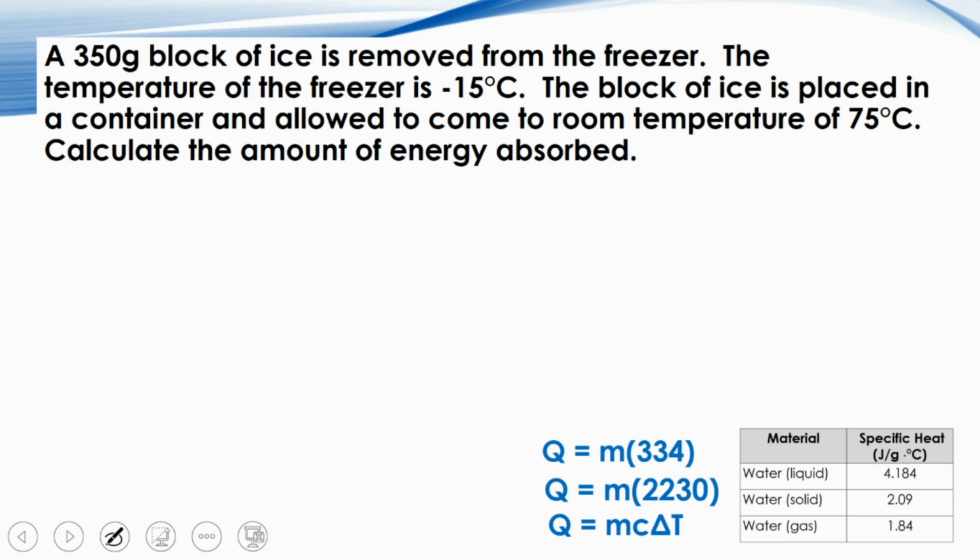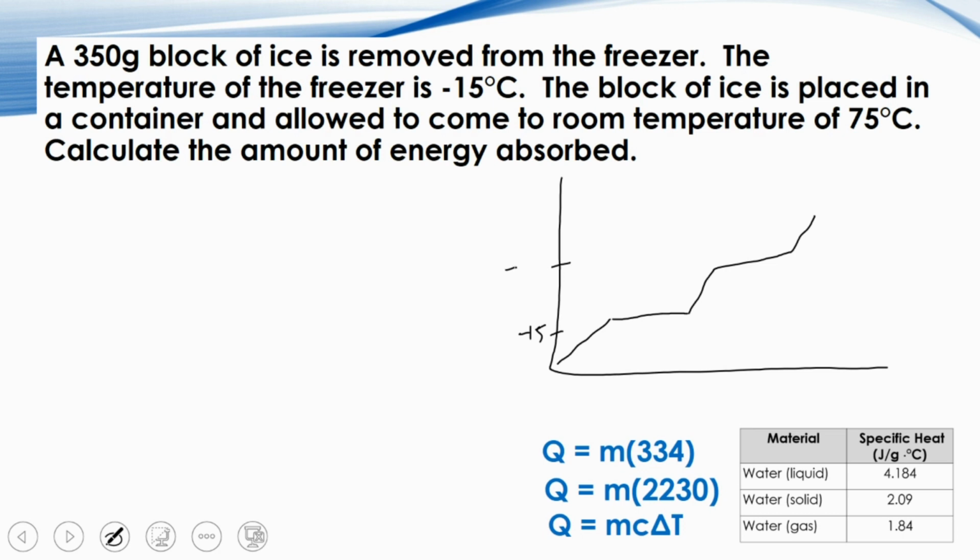So what we're going to do here, just for visual purposes, is draw our heating curve. So we know that we're starting as a solid, and we're going to go from negative 15 up to 75. My numbers aren't aligned to the heating curve, but that's okay.